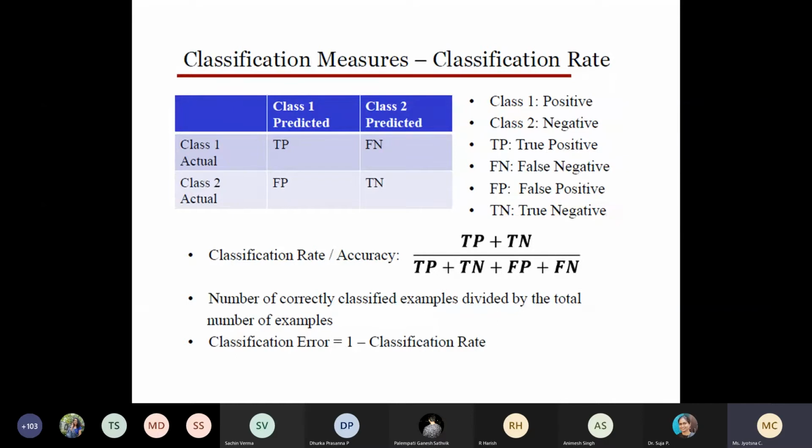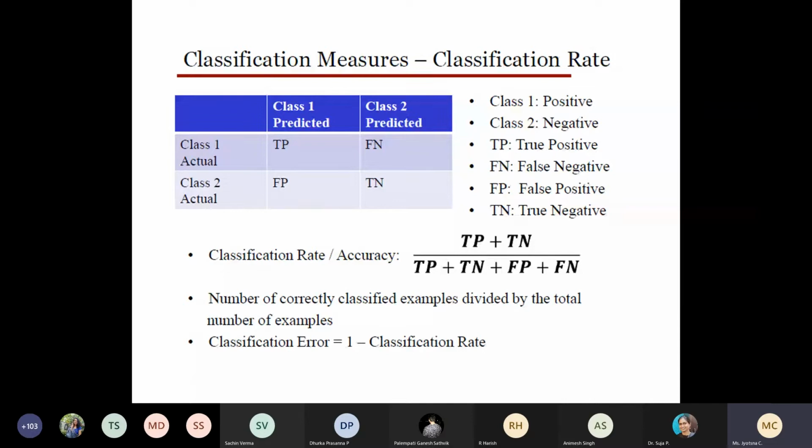When you apply an algorithm, how is it performing? How do you check that? With the help of these performance measures, we can understand that this algorithm performs better on this particular data.